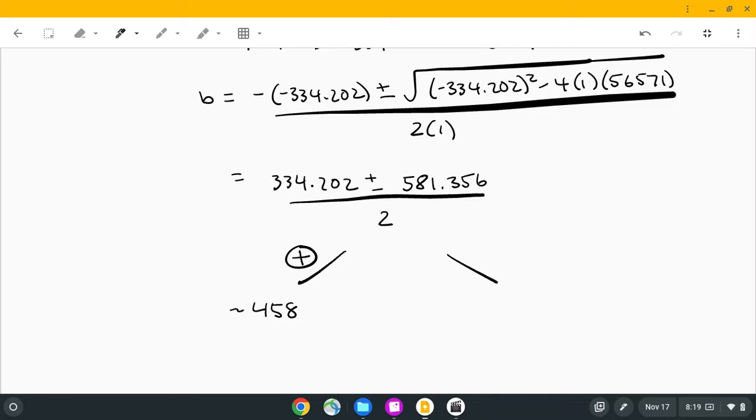So we get this one. When we do subtraction, we end up with roughly negative 123. Okay, so this is solving for b. Little b is a side. This is not possible, so we only have this case here.